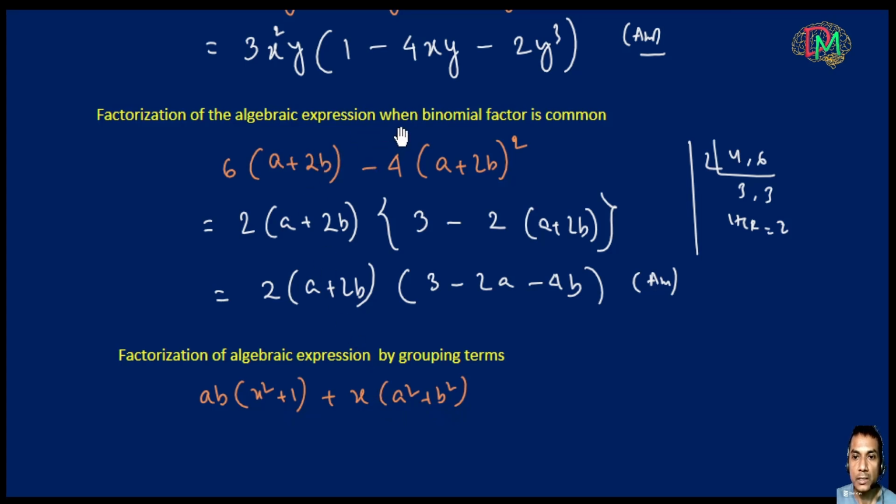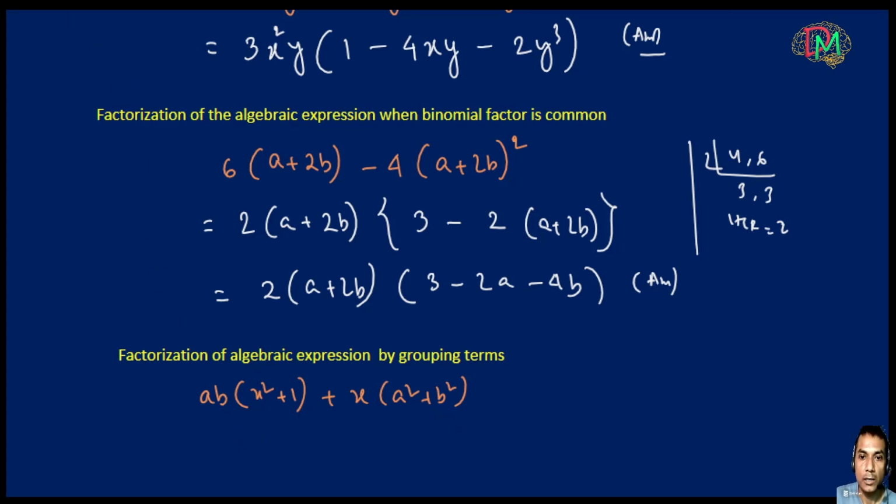Before, we learned to take the common binomial factor. There the binomial factors were common, a plus 2b and a plus 2b, but here they are different. x square plus 1 and a square plus b square, we cannot take them as common, so we have to change the grouping, otherwise it will not be possible.